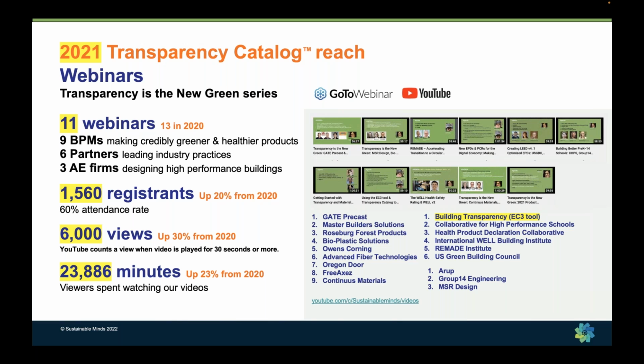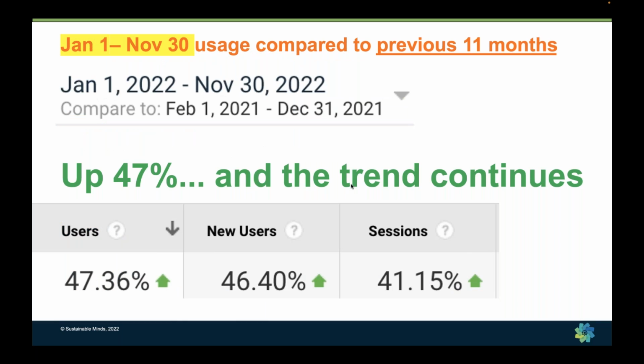I think in 2022, it was over 30,000 minutes that people watched our webinars, and I think we did one less. So the stats are pretty compelling to indicate people want and need this information, and they want to know about manufacturers who are actually making better products, and they want to understand this entire space so they can actually make better decisions.